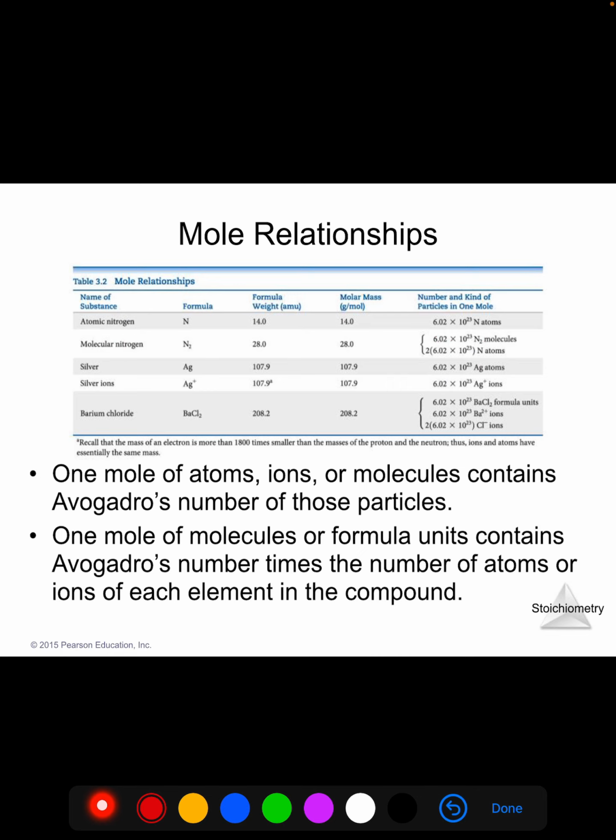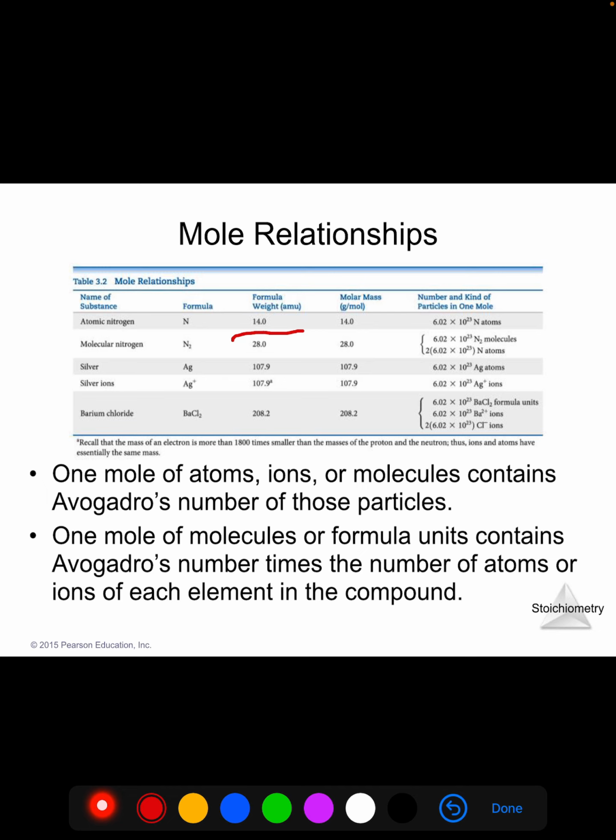If I have a mole of nitrogen, which if I look on the periodic table has a formula weight or an average atomic mass of 14. And you look on there and you say, what are the units? And most periodic tables won't have any units.